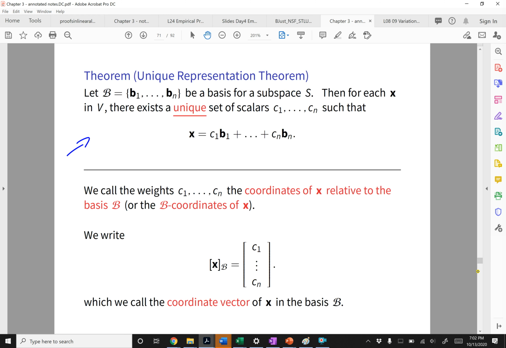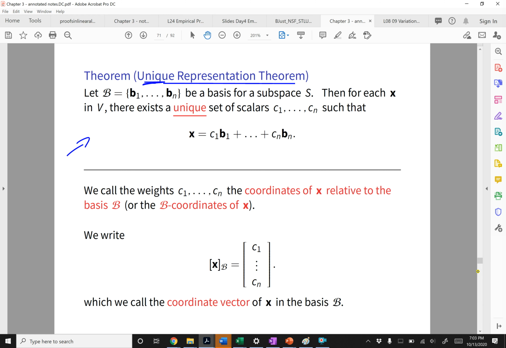Since a basis is a minimal spanning set, you might already have the idea that any point in the space could be represented by a linear combination of the basis vectors. Since it spans, of course it can, but since it's a minimal set, there's only one way to write any point in the subspace as a combination of basis vectors.